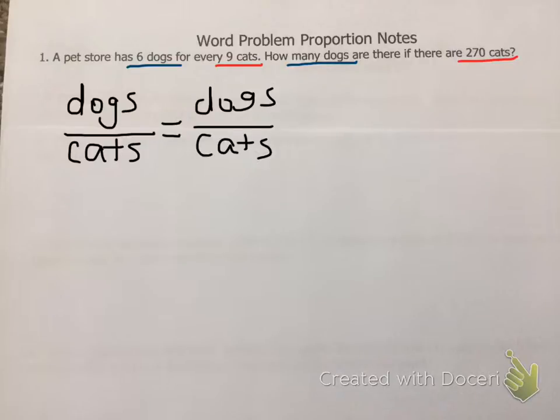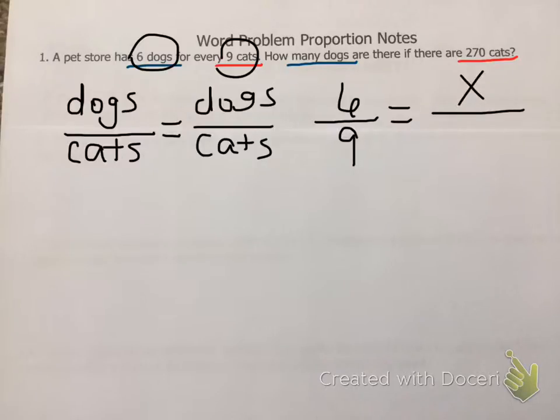Okay, and that's our word problem proportion in words. Now we're going to put it into numbers. So for every 6 dogs, there are 9 cats. We want to know how many dogs, and when we don't know a number, we use a variable, for 270 cats. There's your proportion.